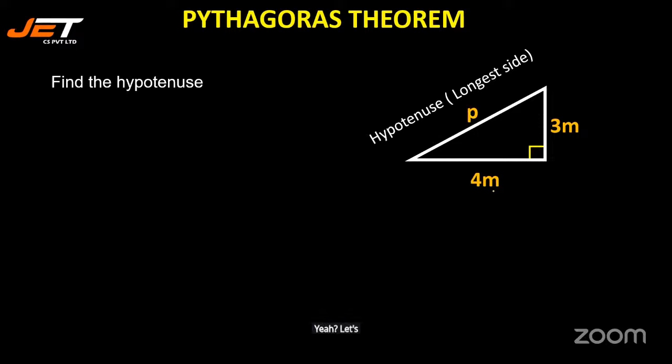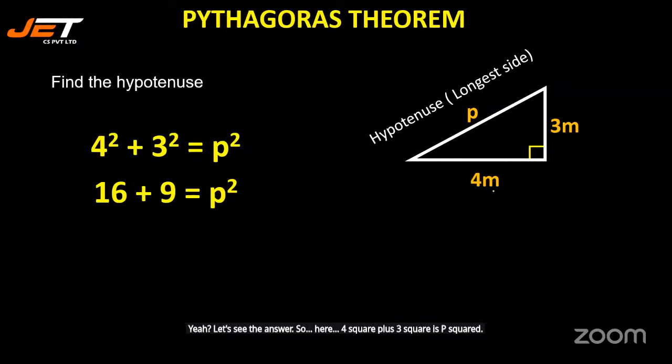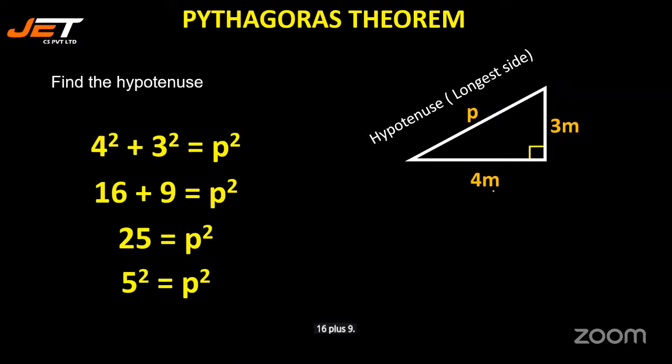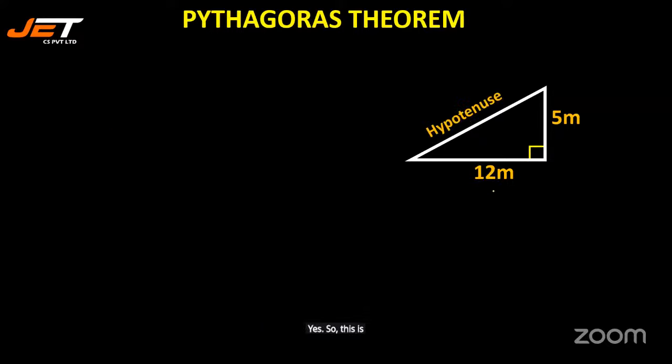Let's see the answer. So here 4 square plus 3 square is p square. 16 plus 9, 25 is p square. So p square is 5 square. Therefore p is 5. Okay. So this is clear. Yes. Quickly do this and give me the answer, students.